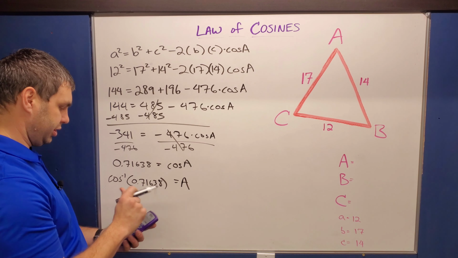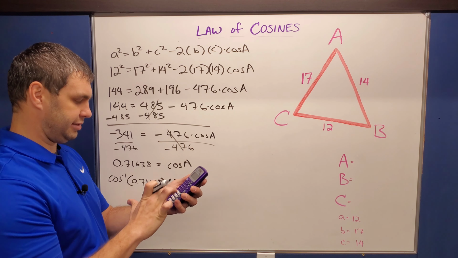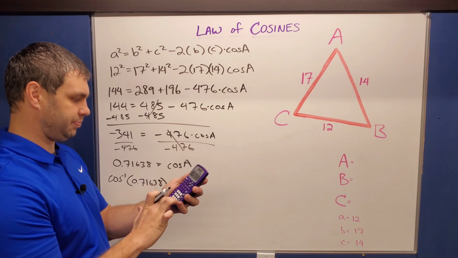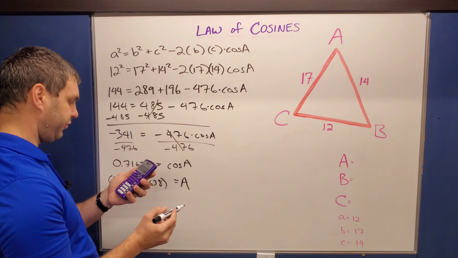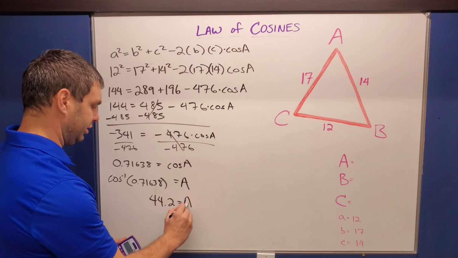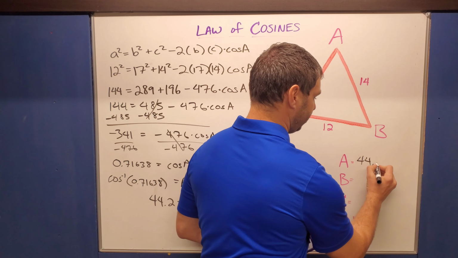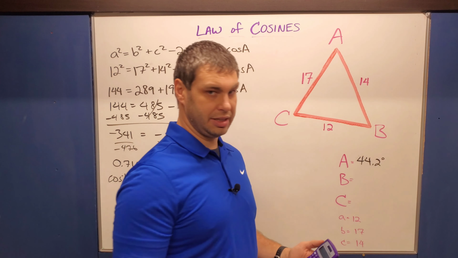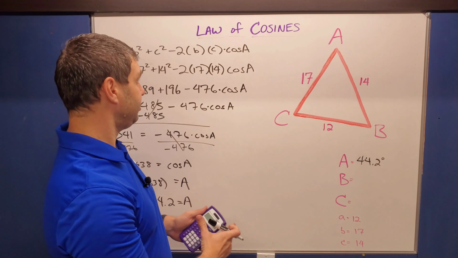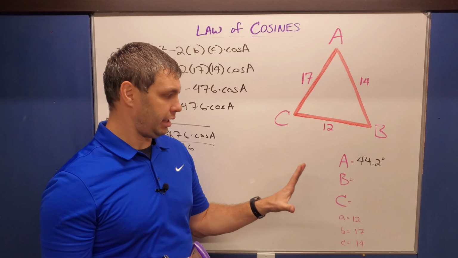So I'm going to say second cosine, second answer for that number. And this gives me 44.2, and that is going to equal our angle A. So of course that's 44.2 degrees.